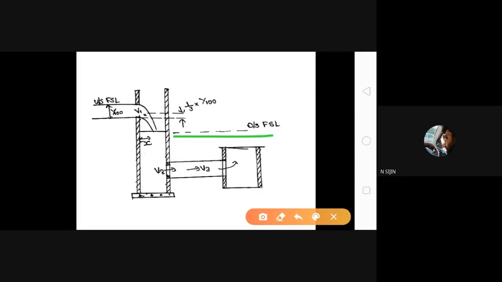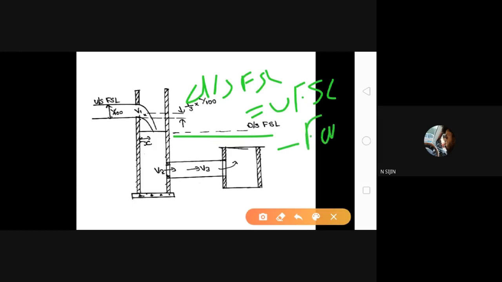I already explained this method when discussing canal drop and fall. How can we determine the downstream FSL from upstream FSL and this drop or fall? Downstream FSL equals upstream FSL minus this drop or fall.